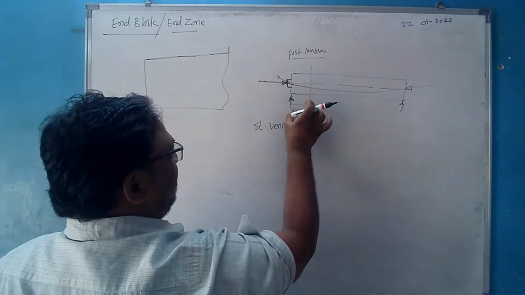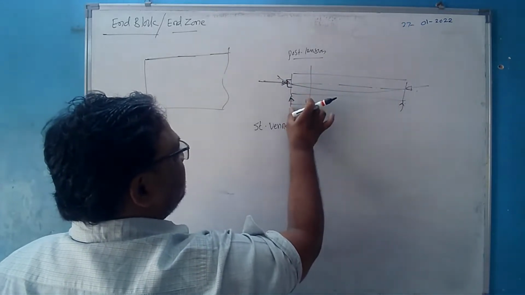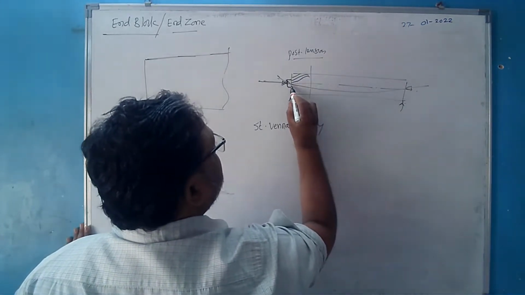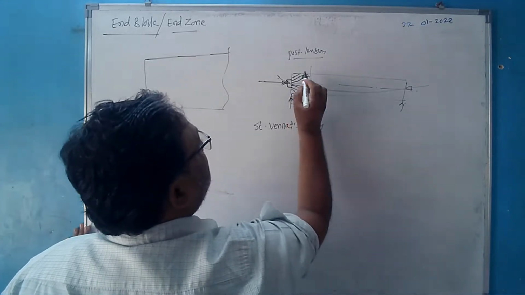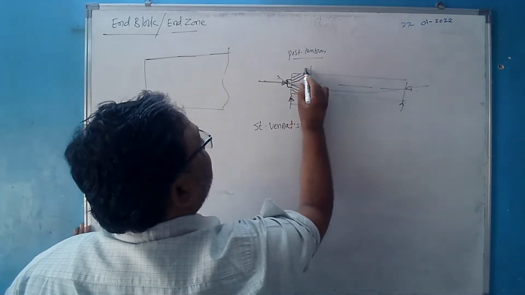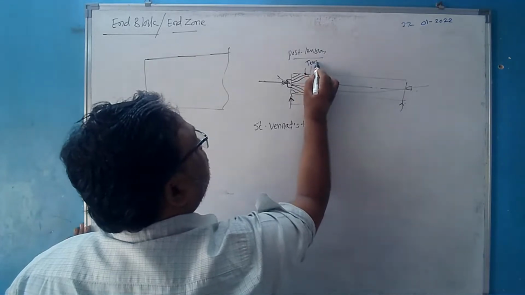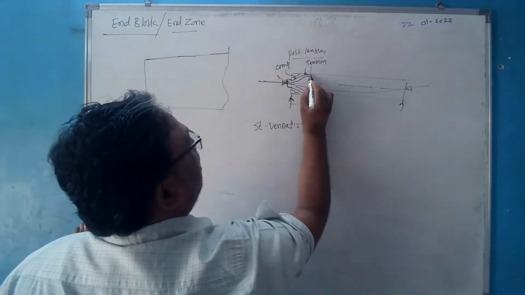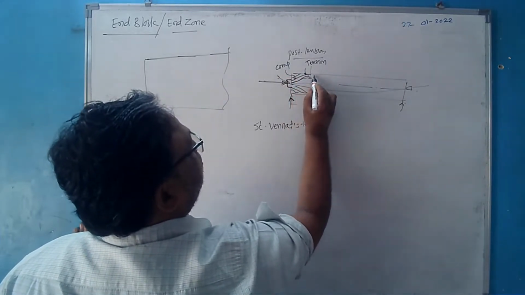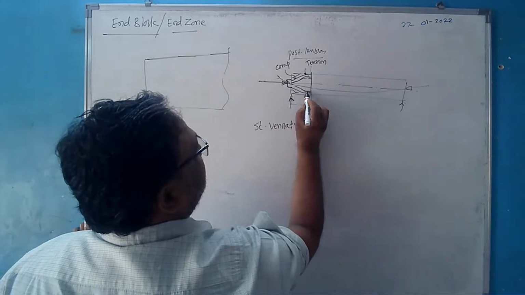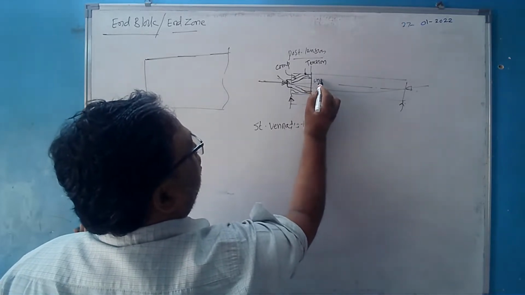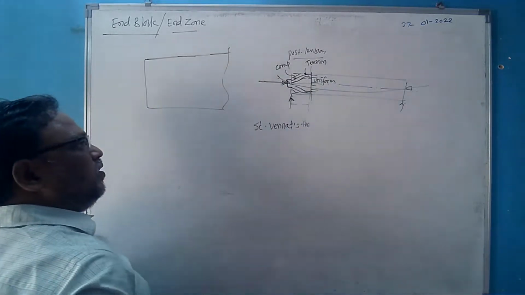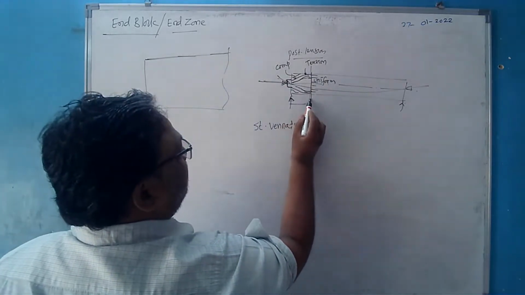Here the tensile stresses will act, so here is the tension zone. Here compression will come, this is the compression zone, and somewhere here the stresses become uniform. Beyond this the stresses remain uniform. So this is a very complex zone.